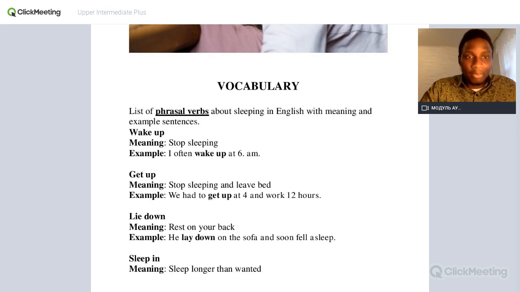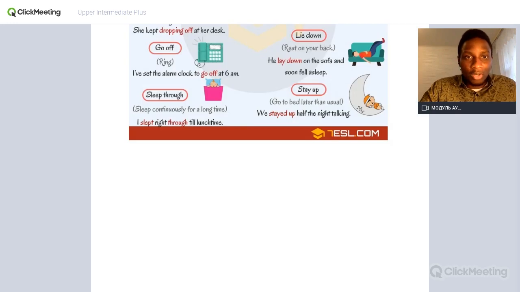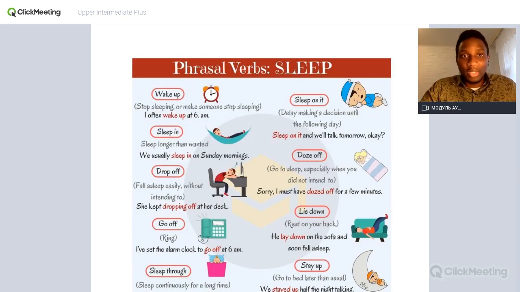I want you all to try to remember some of these useful phrases: wake up, get up, lie down, sleep in. And here's this picture, which I think will help you understand phrasal verbs related to sleep. Sleep on it is when you have an important decision to make and you decide to wait till the next day.